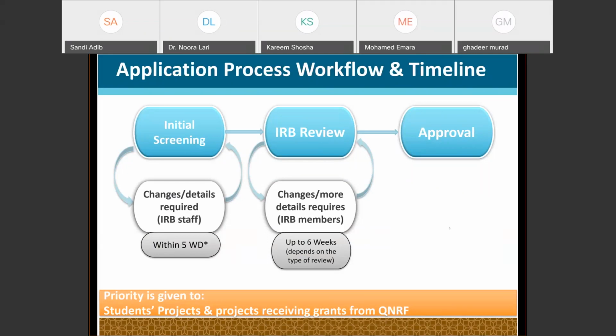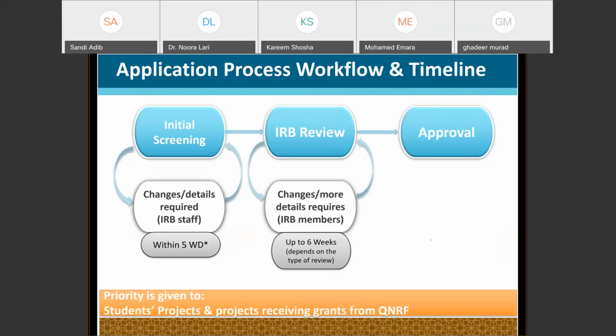The notification you will receive later will be the comments from review. But if the initial screening comments are not addressed adequately, or if the supporting documents are not provided as requested, then your application will stay in the initial screening stage.